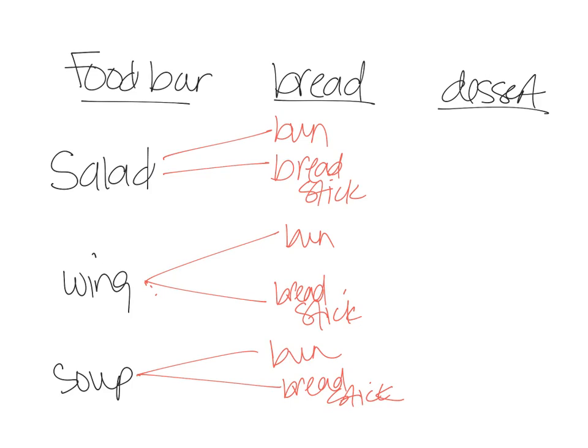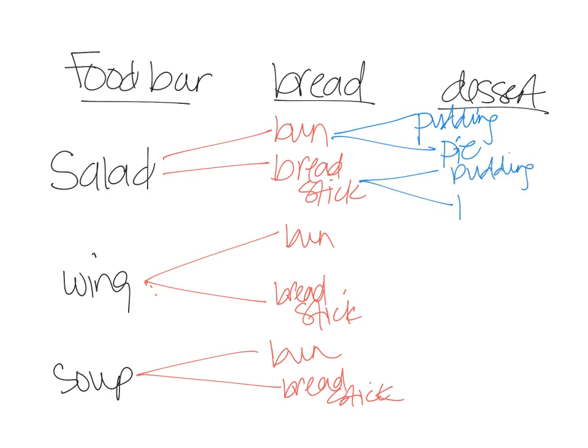Then my last choice is dessert. So I could get a salad, bun, and pudding, a salad, bun, and pie. I could get a salad, breadstick, and pudding, salad, breadstick, and pie. So I'm going to keep adding on both of my choices from each of these.